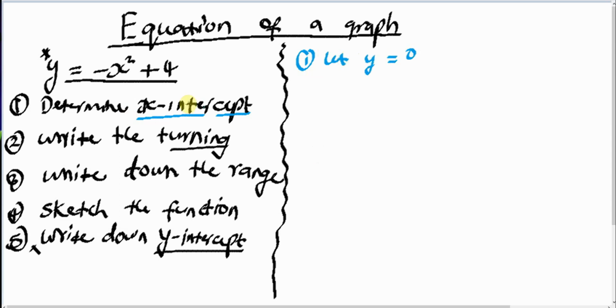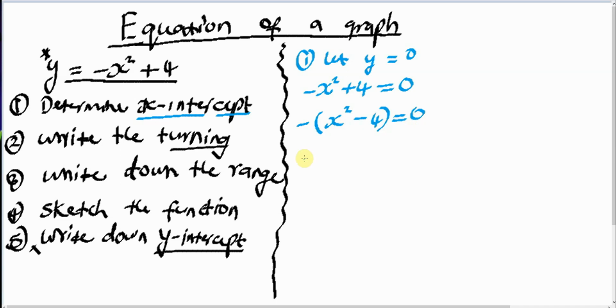So I will take the equation negative x squared plus 4 is equals to 0. And then after that I can try to factorize this, but as you can see the value of a here is negative. So what I will do is I'll factorize the negative, and then I'll have x squared minus 4, which is equals to 0.